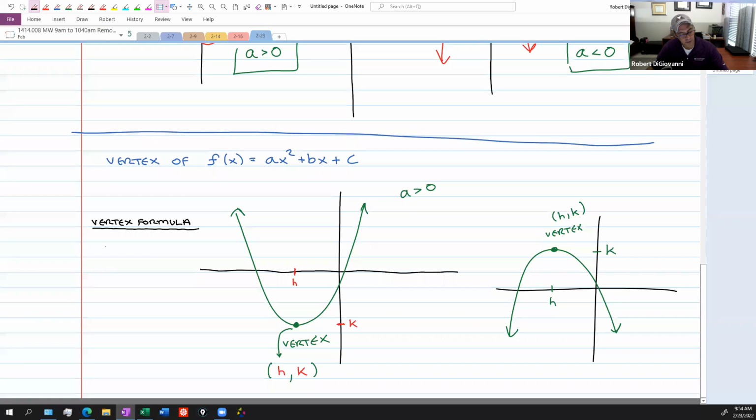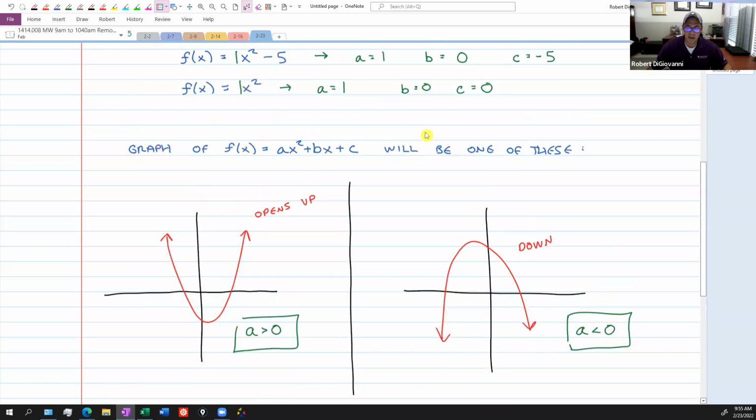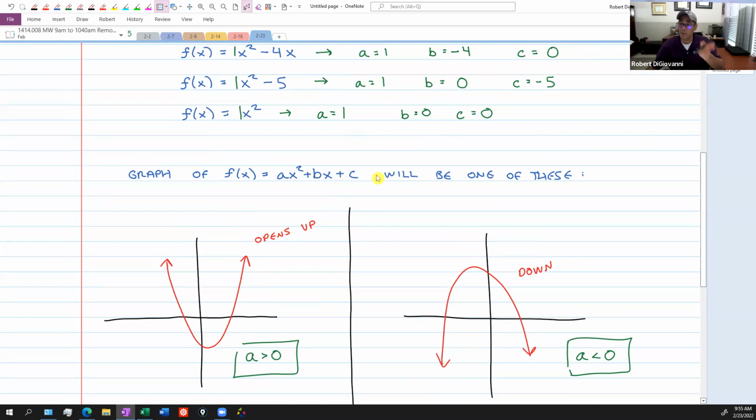Here's what it says. If you want to know what H is, this first number in the ordered pair, the X coordinate of the vertex will always be negative B divided by 2A. So remember how we were up here identifying what A, B, and C were? We did that right here. Well, if you know A, B, and C, A is going to tell you if it opens up or down.